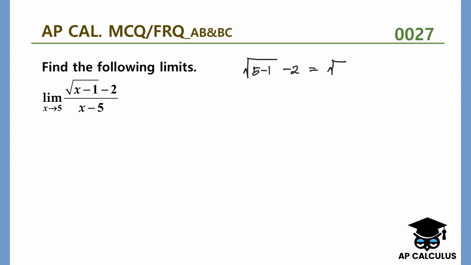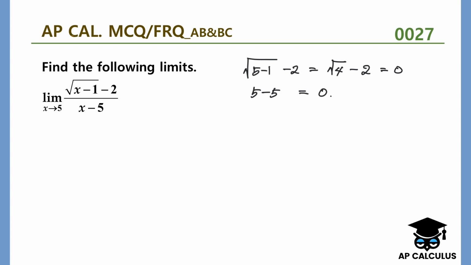That's the square root of 4, which is 2, so 2 minus 2 is equal to 0. Denominator: 5 minus 5, that is also equal to 0. Then we have to simplify this expression. Especially since we have a square root here, we're going to have to rationalize this expression.